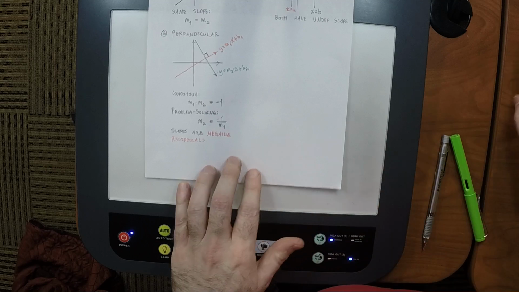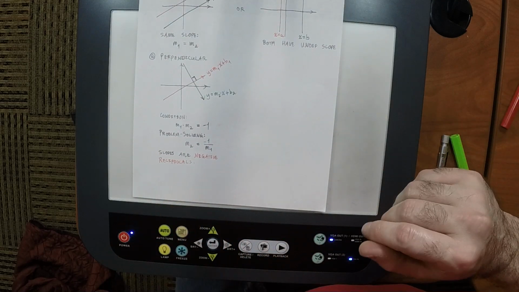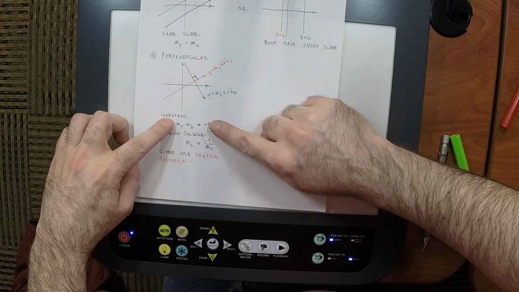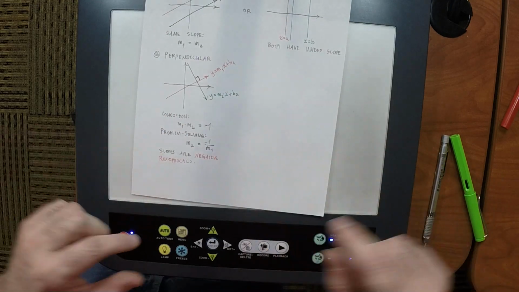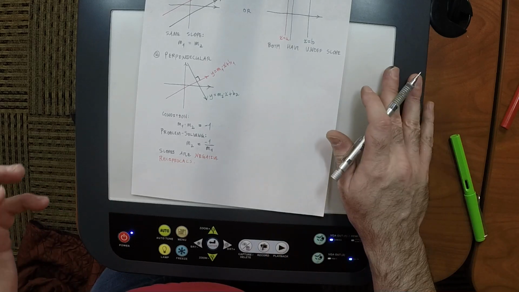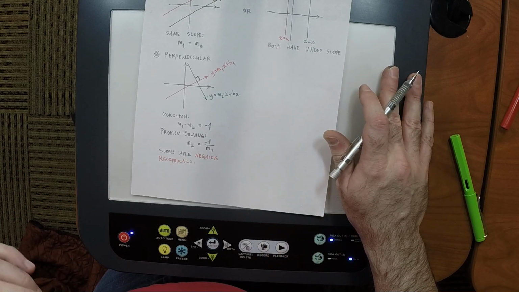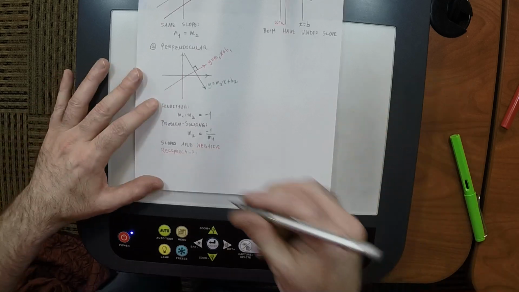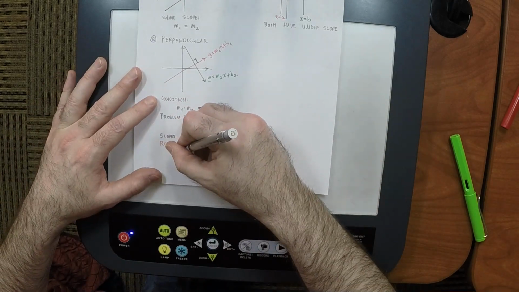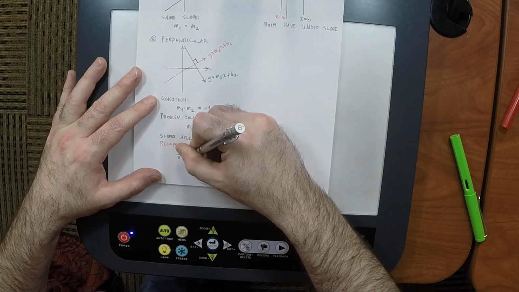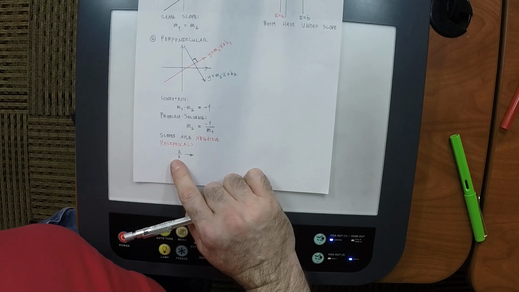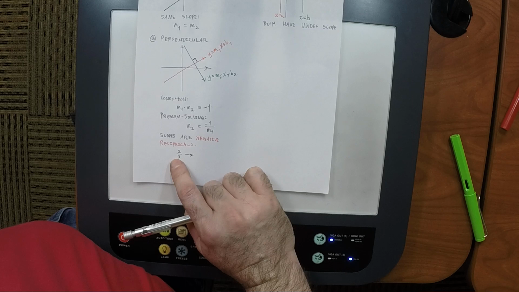Okay. So that means this is the condition, and then here's a nice formula, and then here's a way to say it out loud. And you can sort of break it into two different requirements. The slopes must be negatives, and they must also be reciprocals. So examples of this would be, if we had a slope 2/3, then if we did negatives alone, just negatives, it'd be negative 2/3.